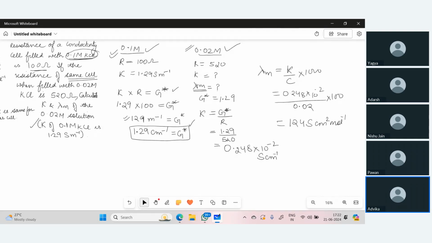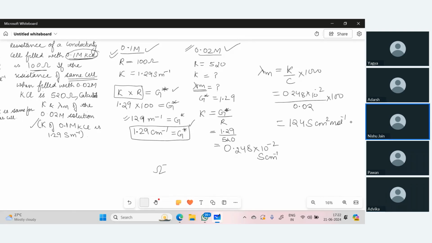Ma'am, I had a doubt about the unit, because R into kappa is ohm, Siemens, meter, and volts, right? What is the unit for kappa? Siemens per meter.